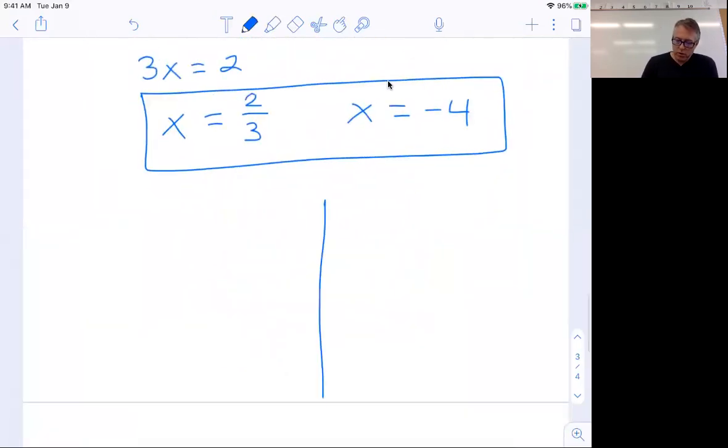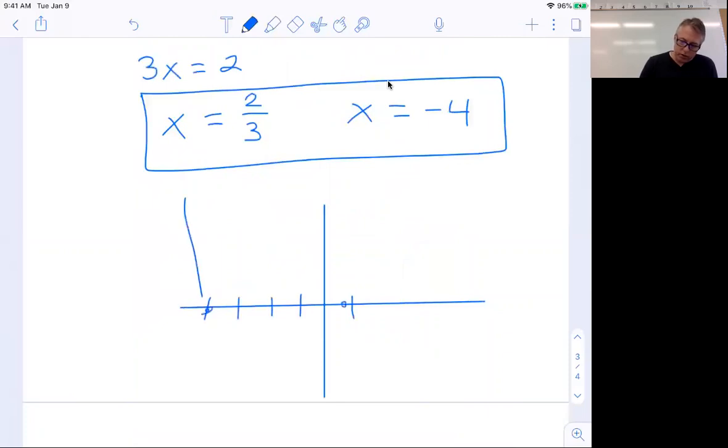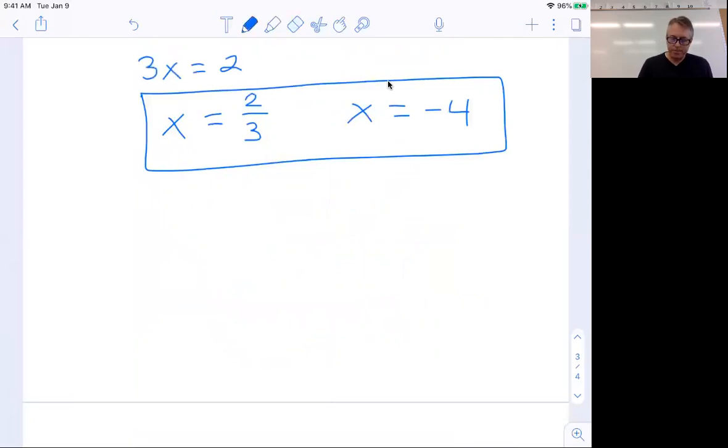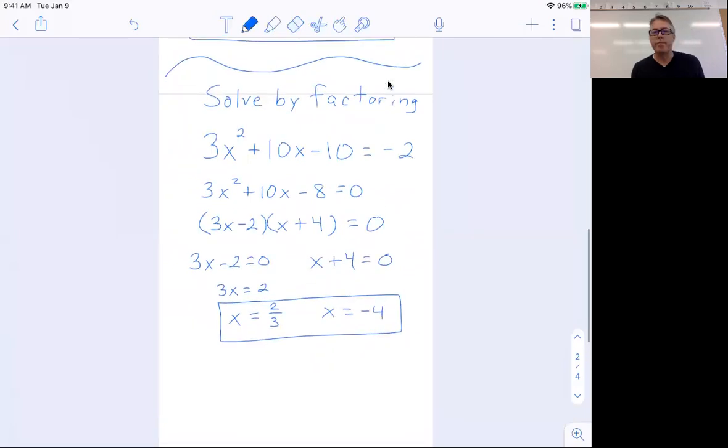I know, I'm going to erase this in a minute, but just to show you, it's going to hit at 2/3 and -4 here, and it's going to open upward. It's going to look something like that. Okay, so by solving that, I have found some things that graphically, hopefully, are making sense. Okay?